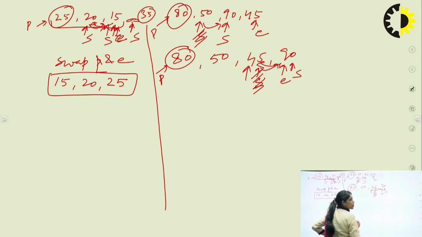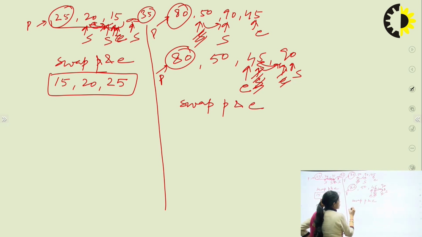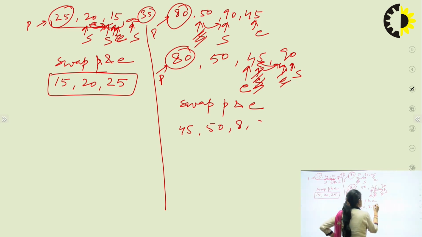We will stop over here, because we are checking the smaller elements. So end is over here. If these two have crossed each other, then we need to swap P and E. So now 45, 50, 80 and 90.